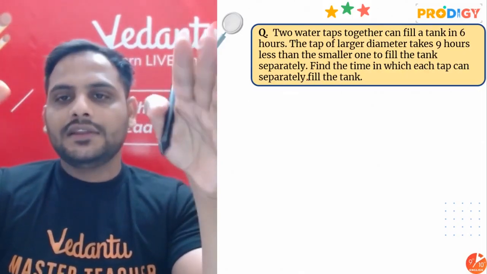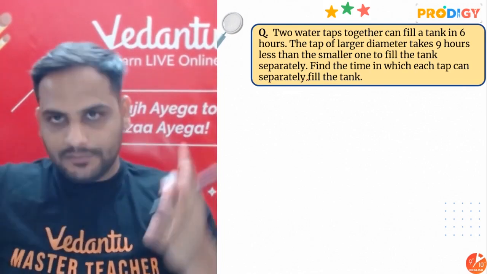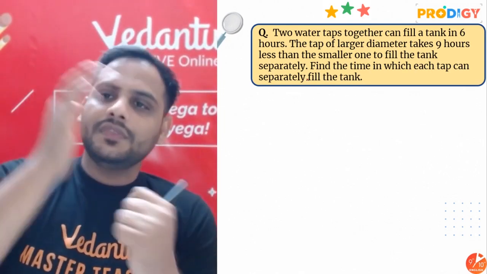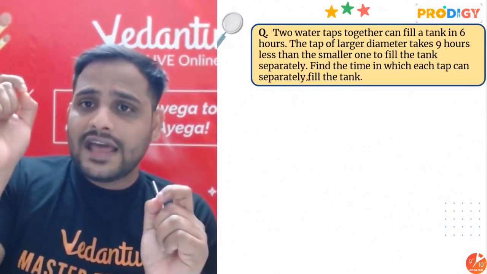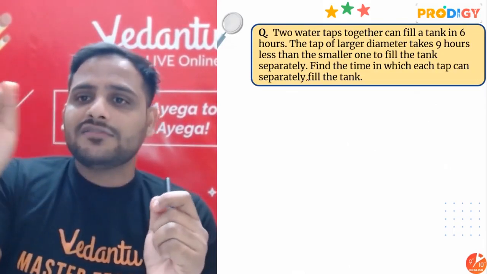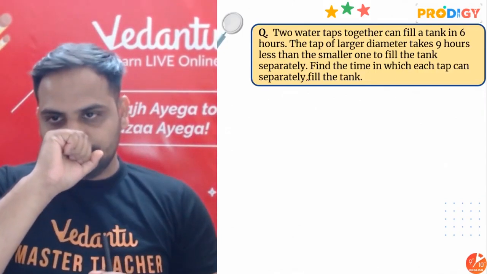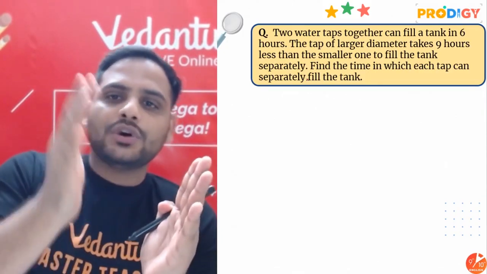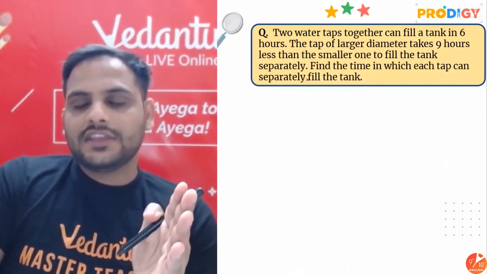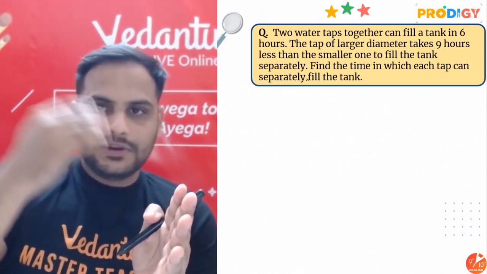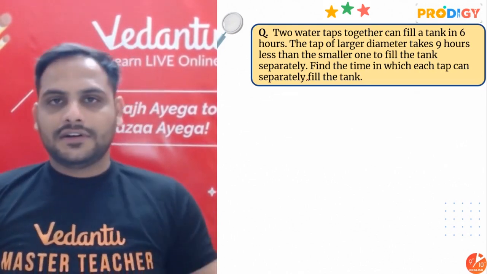ठीक है. Then the tap of larger diameter, so it will be getting more water. The tap of larger diameter takes 9 hours less than the smaller one to fill the tank separately. ठीक है. So if I know how much smaller tap is taking the time to fill the tank, similarly I can get the time taken by the larger tap. ठीक है.